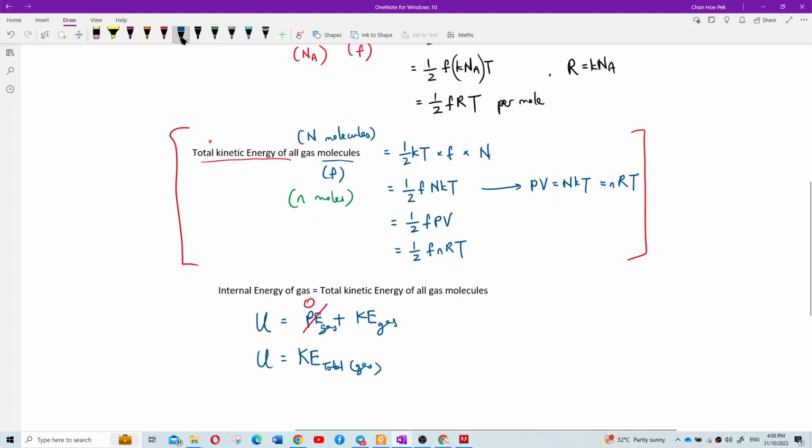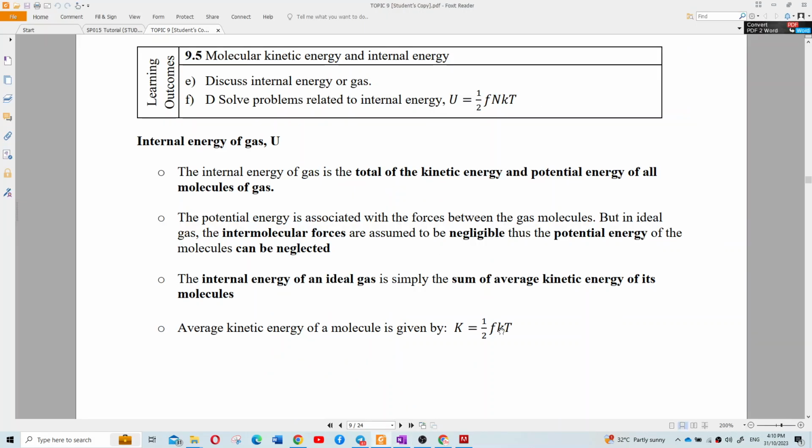So the formula to find the internal energy of gas is 1/2 f NkT, or you can also write it as 1/2 f PV, or 1/2 f nRT. That's the formula.